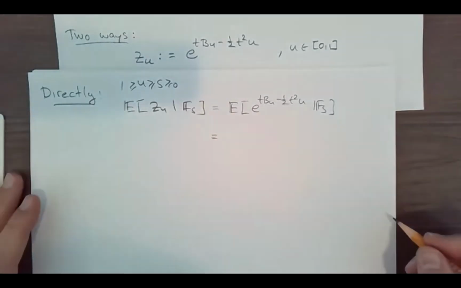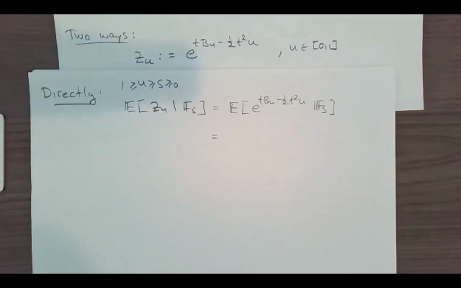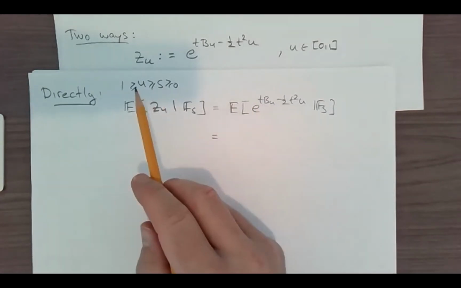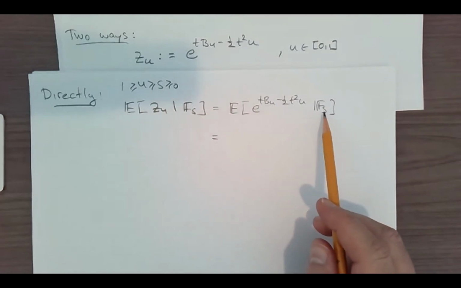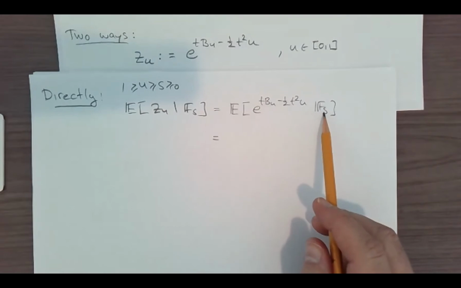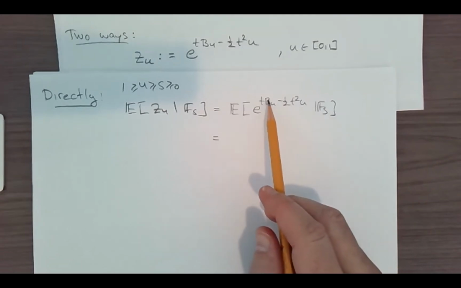Now, are there any guesses on how I should proceed from here? Well, how is it with Brownian motion? So I have a u that is bigger than s. So u here is later compared to s. So I need to have a relationship between s and u.